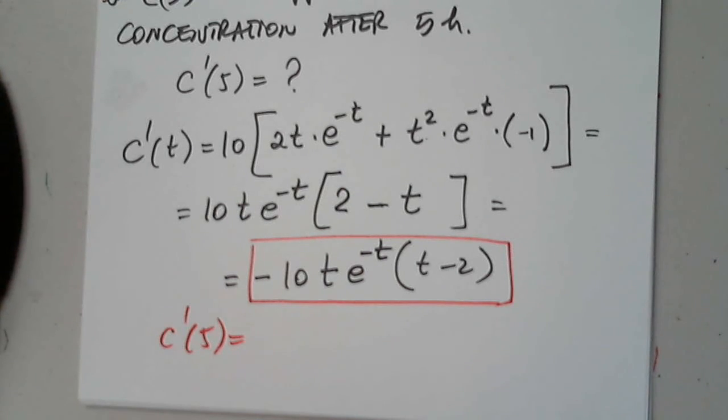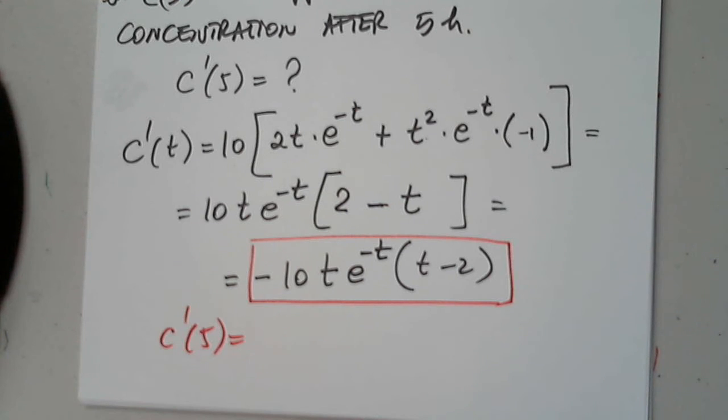Okay, my second function is negative 10t e to negative t, and then in parentheses, t minus 2. I'm checking my function one more time. Negative 10t, yes. E to negative t, yes. T minus 2, yes.